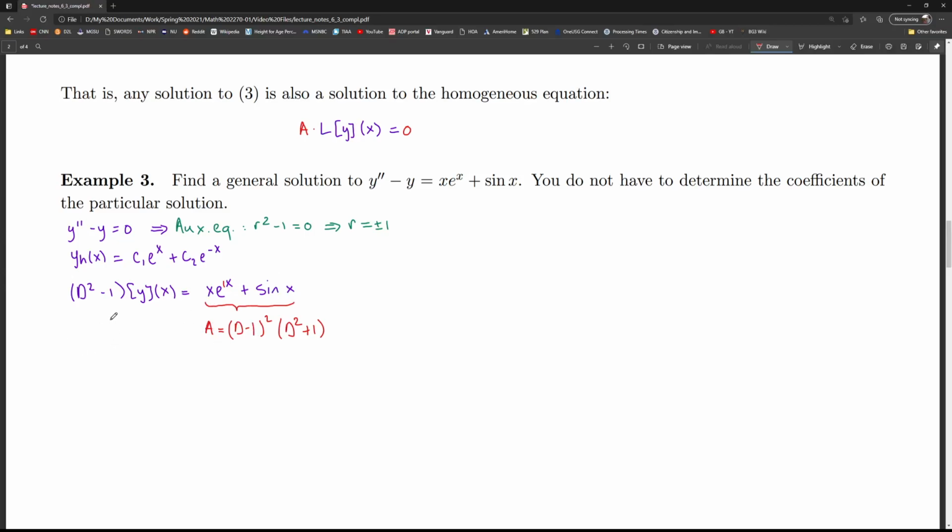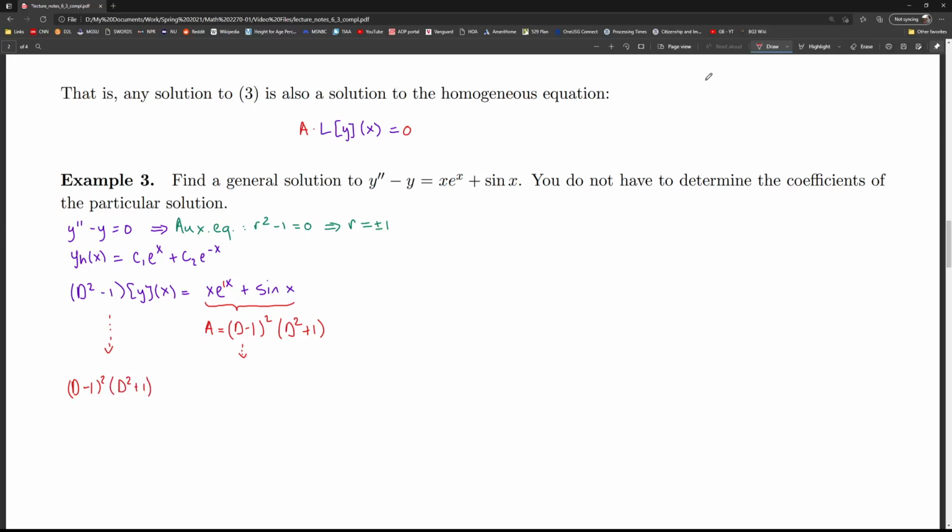So now let's apply that annihilator to both sides. The right-hand side will be 0 because that's how we chose our annihilator. And so now on the left-hand side, I have (D minus 1) squared times (D squared plus 1).